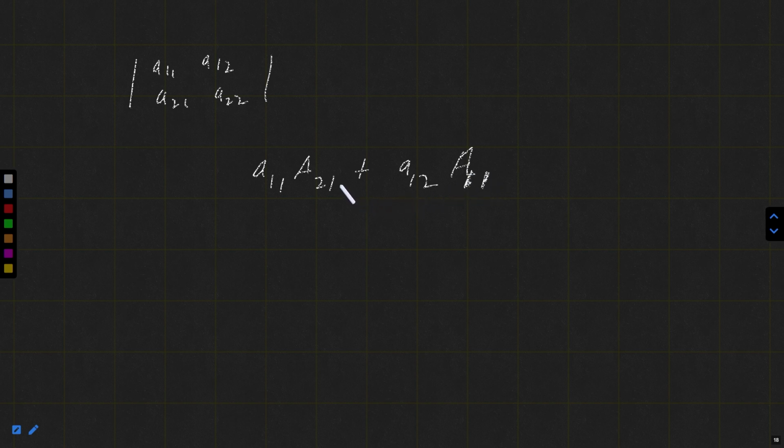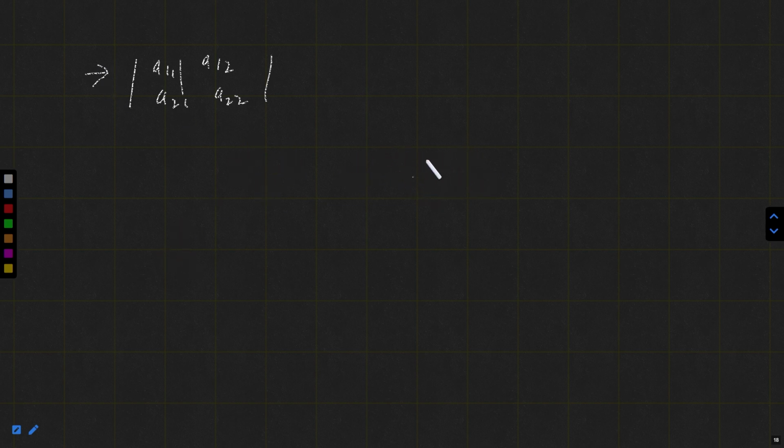Now evaluate it. What will you find? a11 a21 will be a12 a12, and this will be minus a12, plus a12 a11. Just eliminate this and you will find a22.